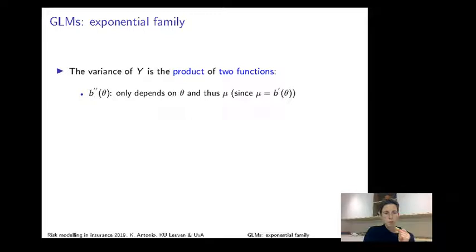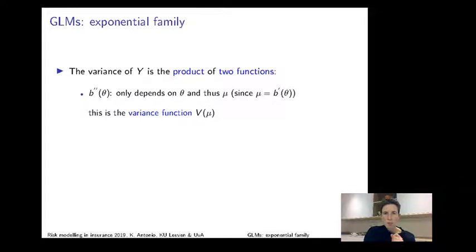So first there is b double prime, and that is a function of theta, and it only depends on theta. Now here you should be aware of the connection between mu, the mean of our random variable of interest, and the parameter theta. In particular, mu equals b prime evaluated in theta.